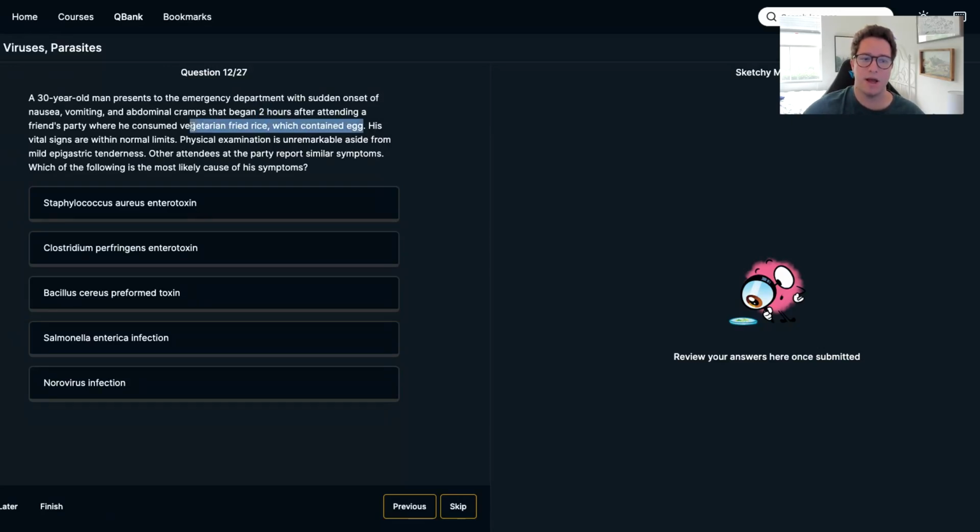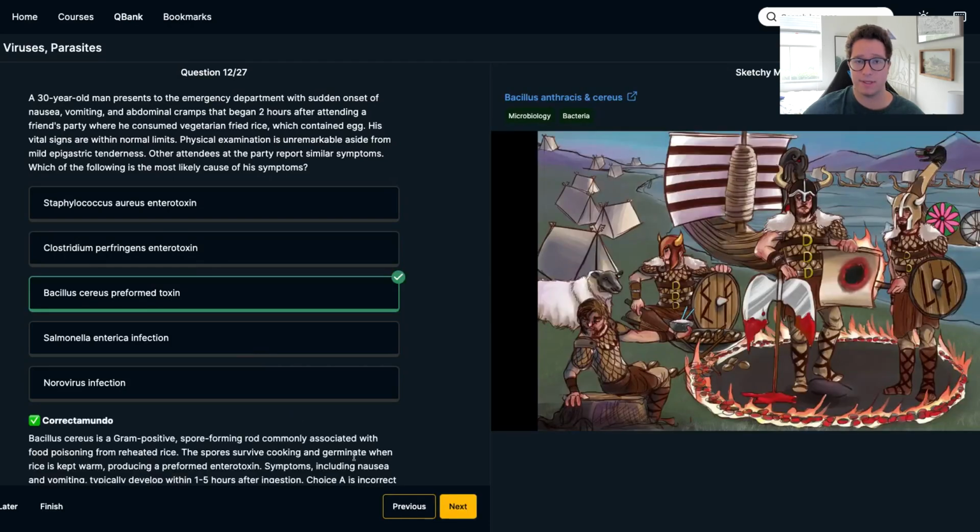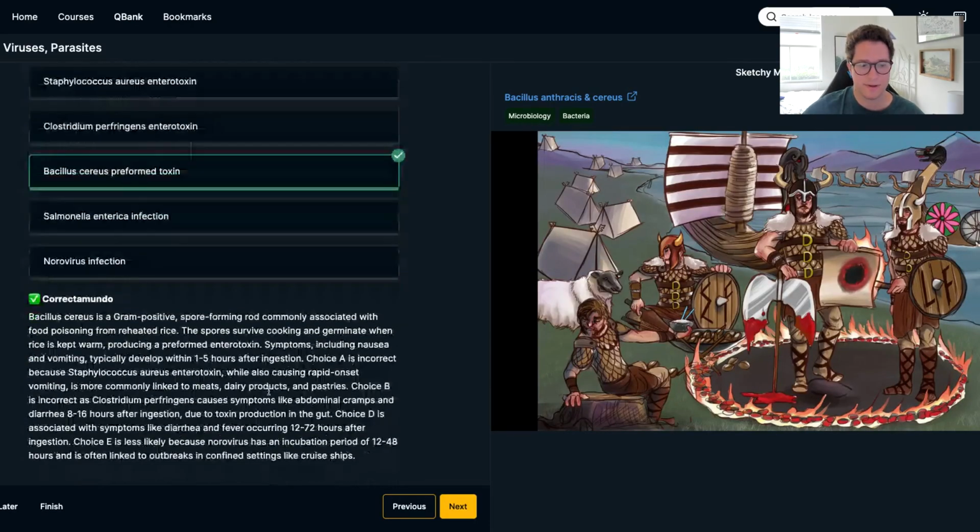So this is fried rice, and especially, it has egg too. So based on what this person ate, I'm already thinking Bacillus cereus over Staph aureus. It's kind of a 50-50 down here, but again, I have more evidence for Bacillus cereus. So let's go through it. And it is Bacillus cereus.